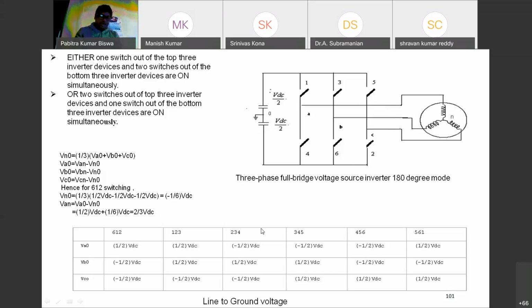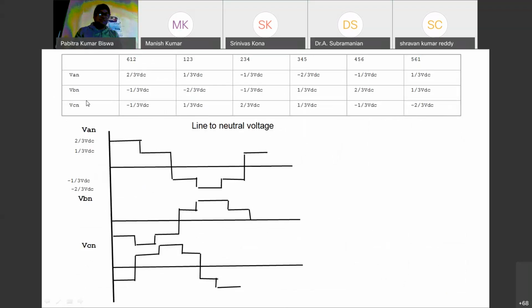In such a way, I have prepared a table for conduction and the voltage you are getting for 6 1 2, and 1 2 3, 2 3 4, 3 4 5, 4 5 6, 5 6 1. From here you are getting VBO and VCO. Similarly, VAN, VBN and VCN, we have to find out, with the summation at 0.